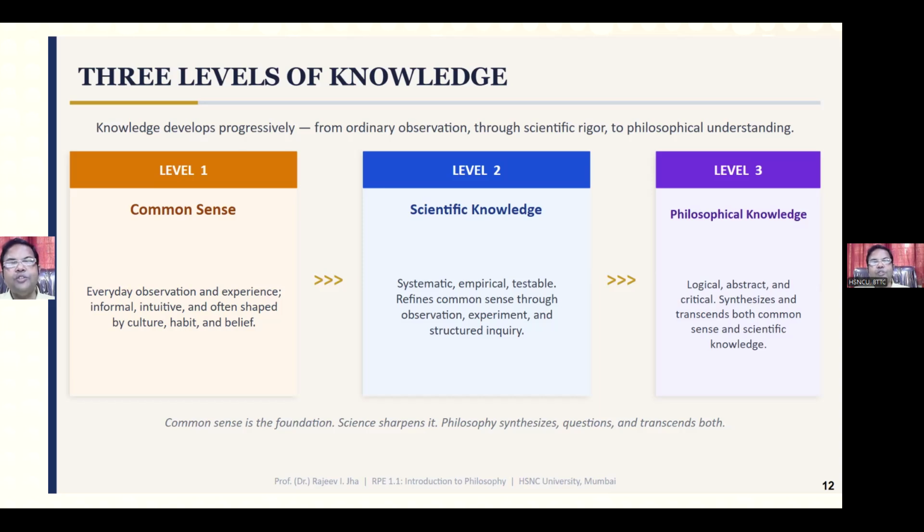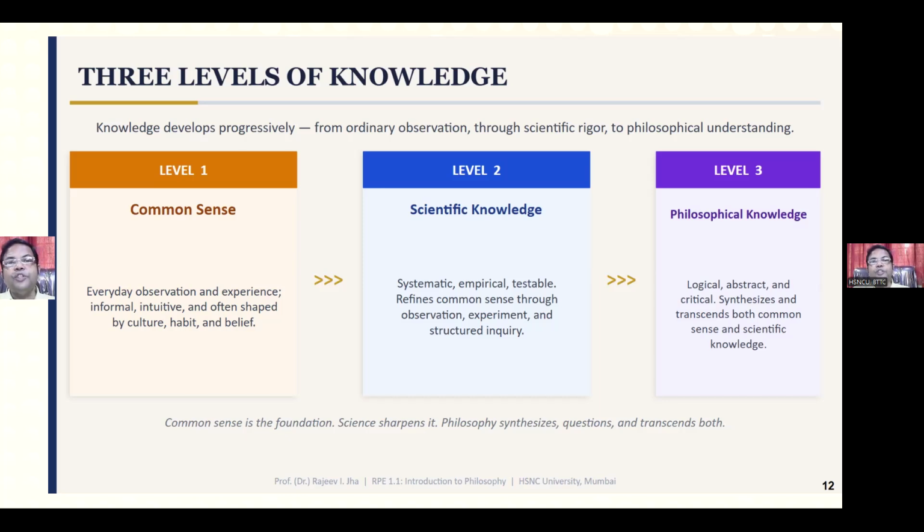Science sharpens common sense and removes a great deal of noise. But science still has foundations that it cannot itself examine. Assumptions about causality, about what counts as evidence, about the purpose of knowledge itself.